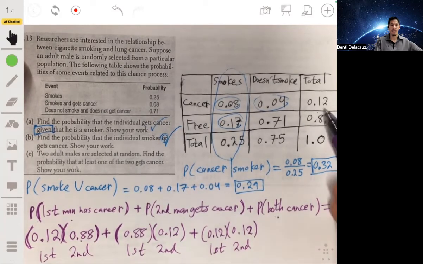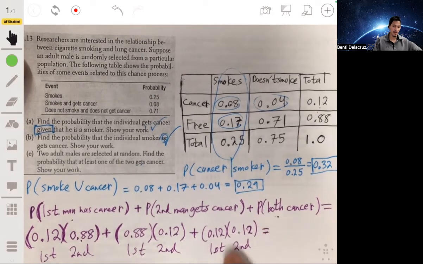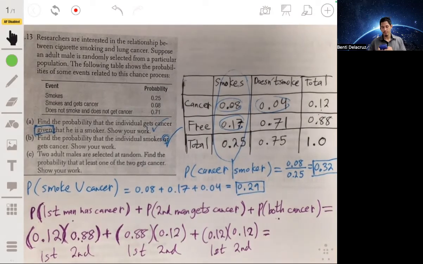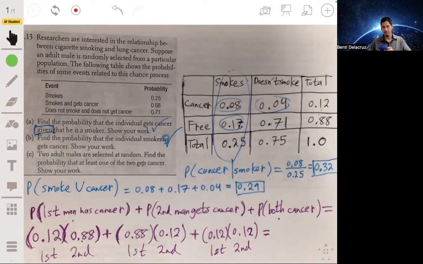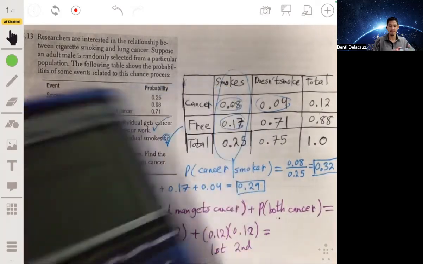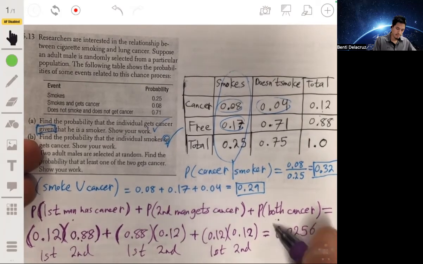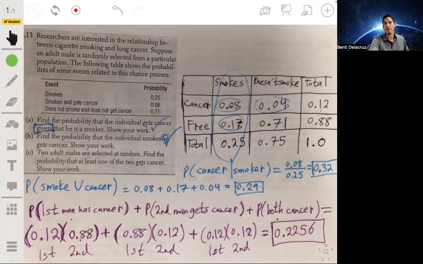Since the probability of getting cancer is 0.12, you just multiply them. And from here, you just add all these values up. We've got a calculator that will do this job for us. And you'll get 0.2256. And there you go.